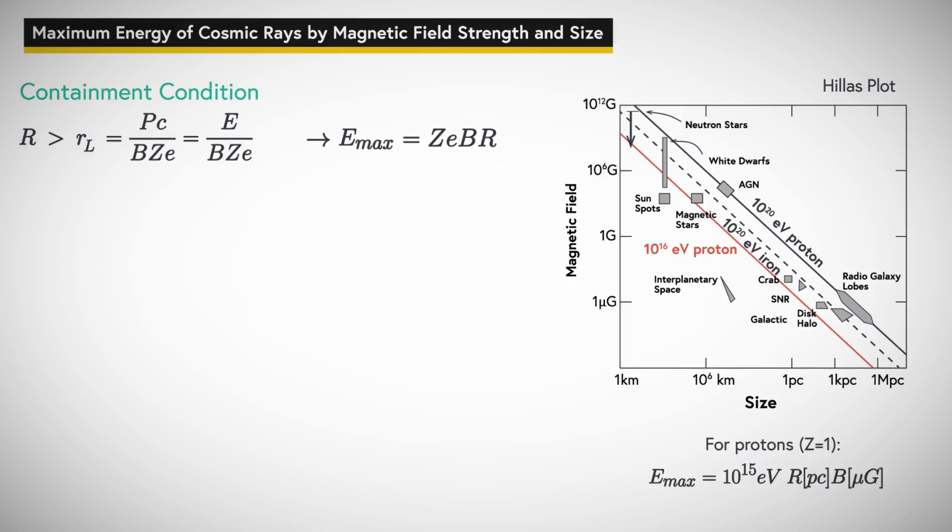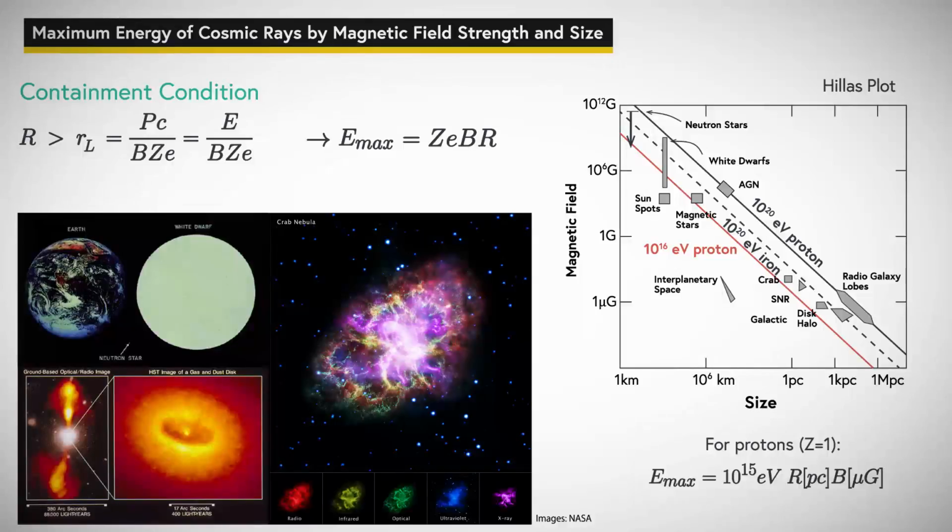From this, we can easily read which of the sources presented in the images are able to supply cosmic rays with a certain energy, ranging in size from neutron stars and white dwarfs to supernova remnants like the Crab Nebula. Active galactic nuclei, which are accreting black holes, are much smaller than supernova remnants, but can provide higher energy due to their stronger magnetic field, while radio galaxy lobes cover a very large size of several kiloparsecs.